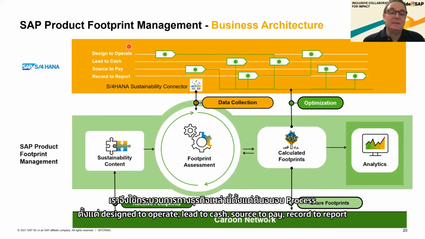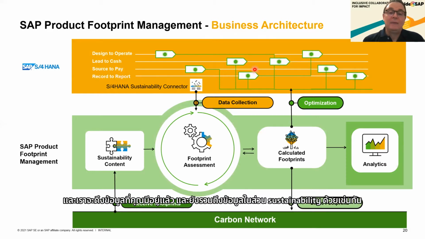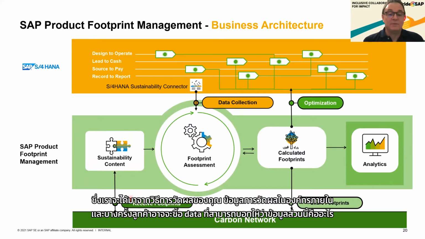We're taking the business processes that you run: design to operate, lead to cash, source to pay, record to report. We extract the data of what materials you have there, and also include your sustainability content. We get that from the measurements you have internally, and sometimes you buy data that gives you that information.